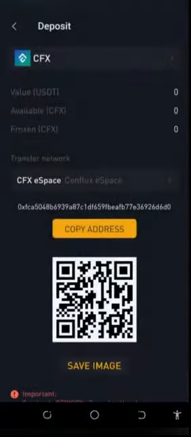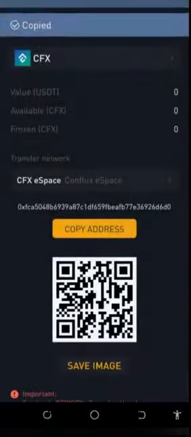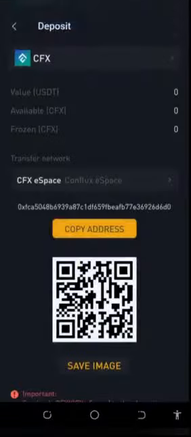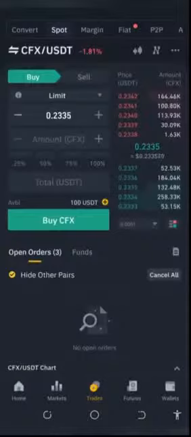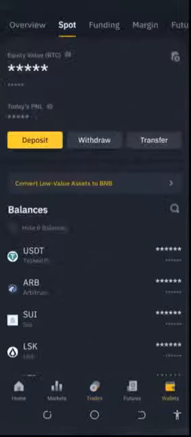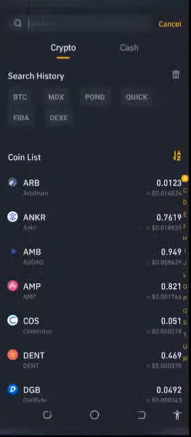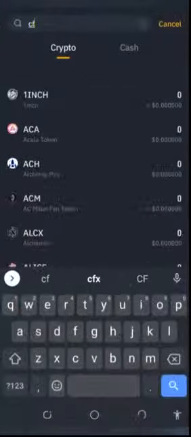Okay, so now let's check this out. I'm going to do a little test to be sure because I'm not even sure which one. Before I copy the address, let me go and check. What we saw here was Conflux eSpace, right? So for us to withdraw this, let's look for Conflux, CFX.